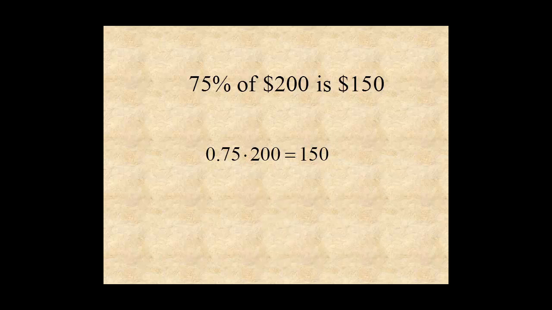Also, when you say 75%, per means over or divided by, and cent is from a word that means 100. So 75% literally means 75 over 100.